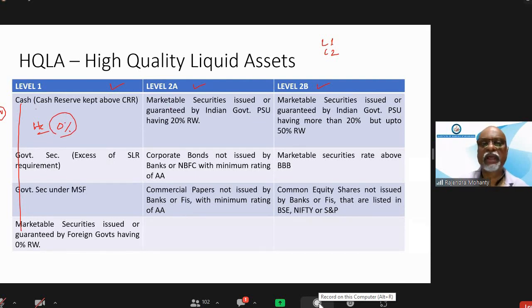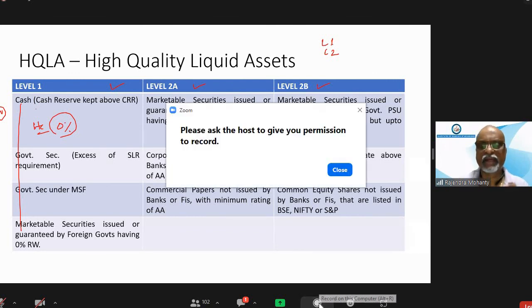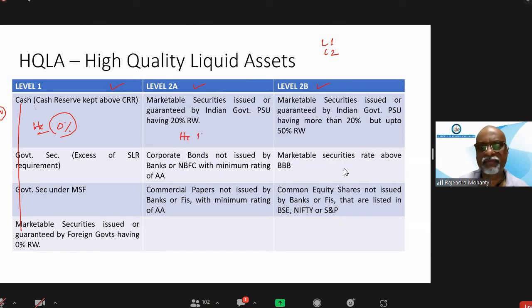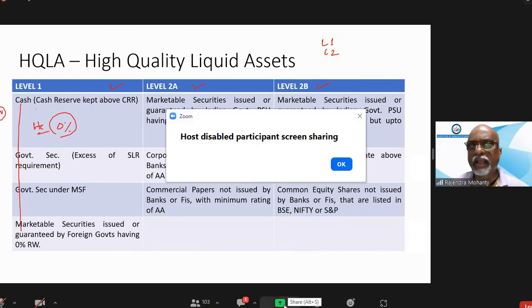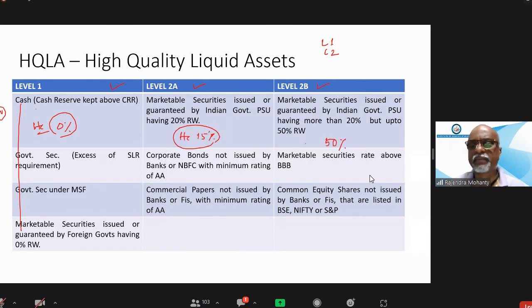All these level 1 securities, whatever is listed, have a haircut of 0%. Level 2 are a little bit weaker in nature, so they do not carry a 0% haircut. They carry a haircut of 15%. You have to apply a 15% haircut, then you can take level 2A. For level 2B type of security, the haircut is 50%.